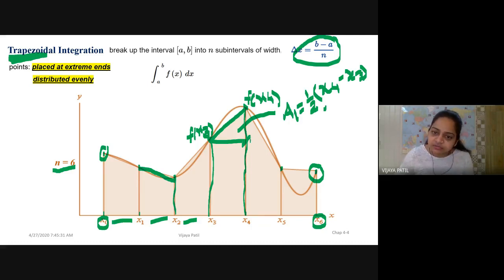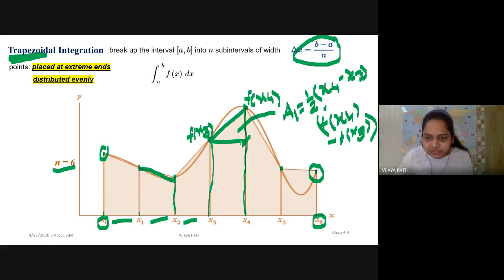What is this height? This is f of x4 minus f of x3 along the y-axis, right? So this is the area of this upper triangle.